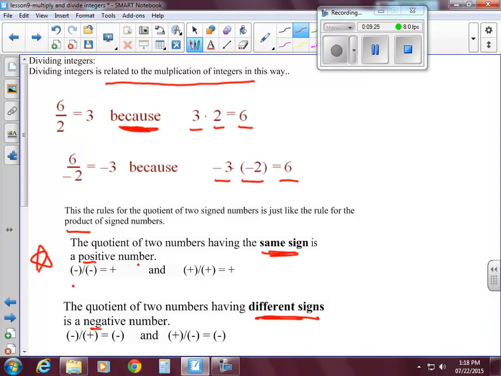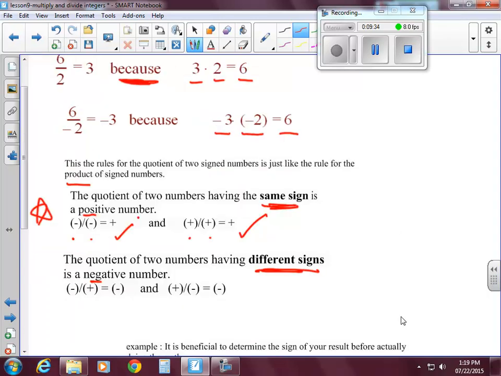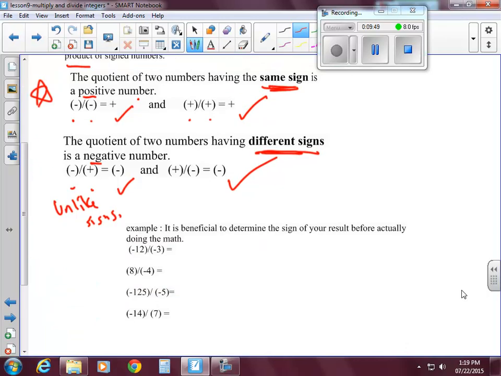So a negative divided by a negative returns a positive, a positive divided by a positive returns a positive, and a negative divided by a positive returns a negative. You've got unlike signs, and a positive divided by a negative returns a negative. So we have to devote that to heart so that we can cruise right along.